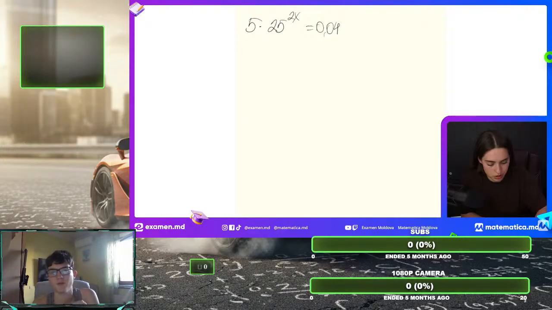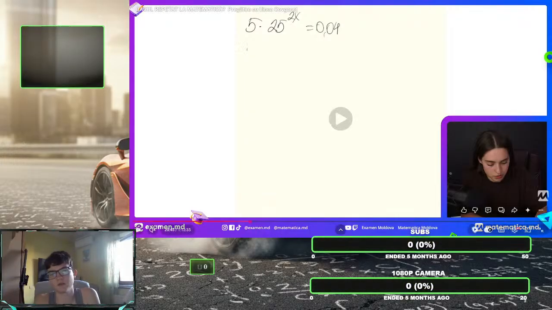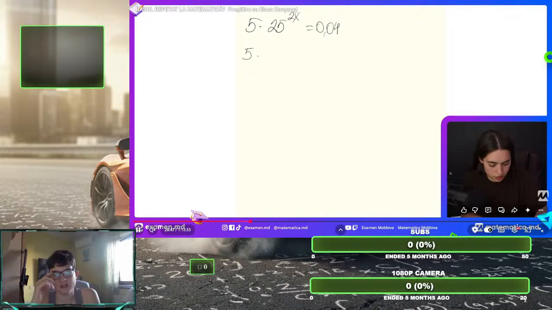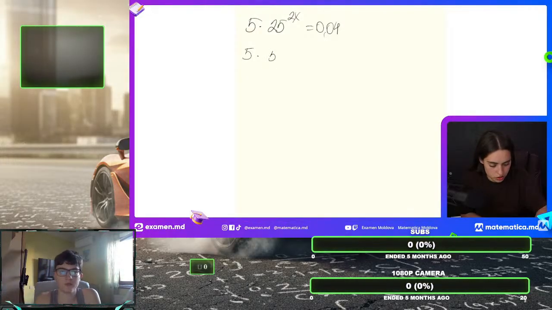And below you have 25, which is 5 to the power of 2. So we have the same base. We just work with exponents. That's it. No need for a tricky formula. Just some basic properties, and you're done.